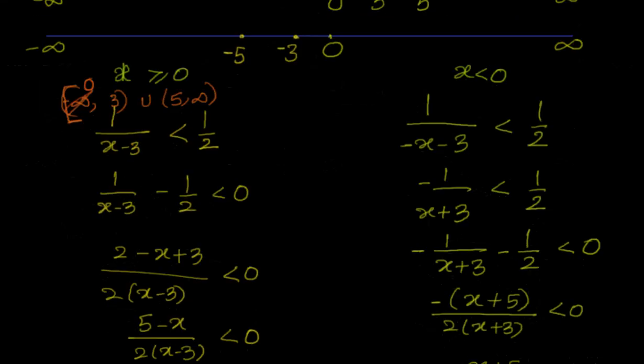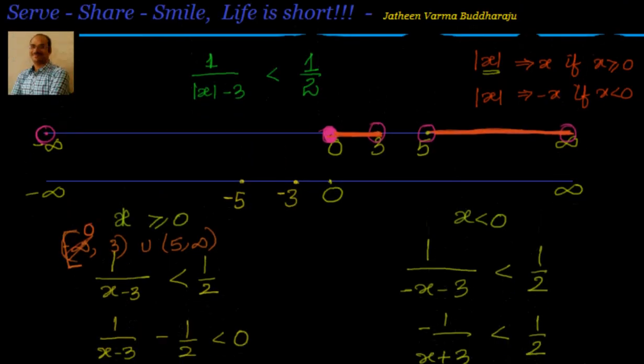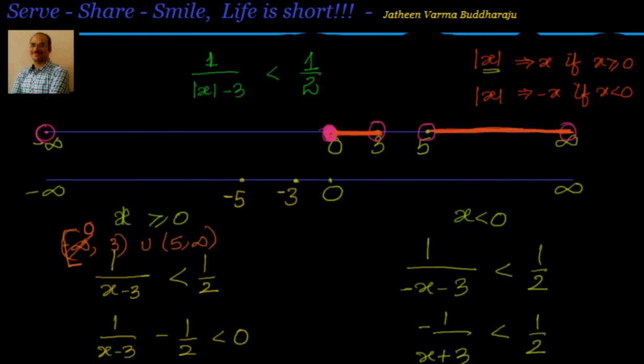Now if I take x equal to 0, I have 5 by 3 greater than 0. That means my solution should start from minus infinity, go all the way up to minus 5, then again start from minus 3 and go to infinity.